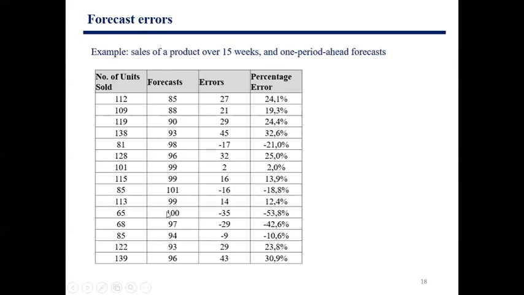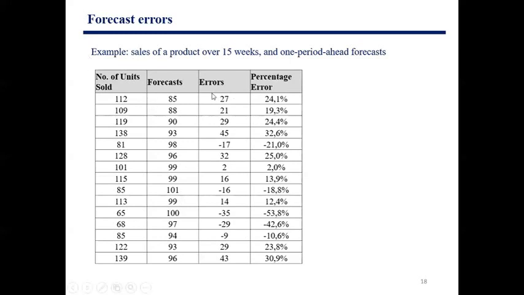You can imagine that we are in the holdout sample, and you have 15 weeks in this side, and 15 one period ahead forecasts. Of course, the same rules apply also to the in-sample periods.